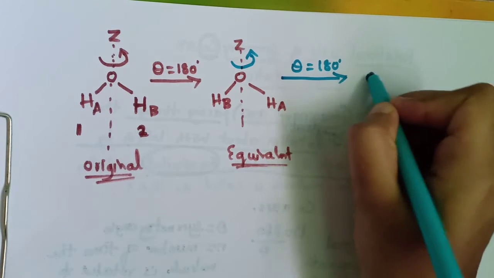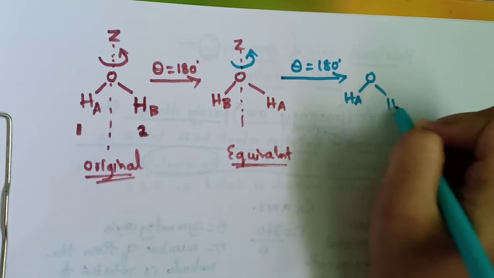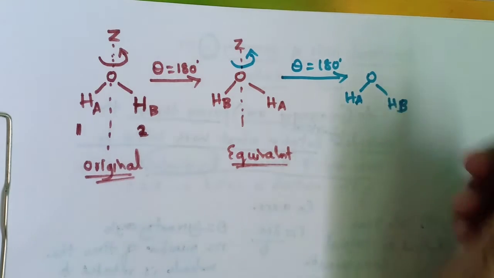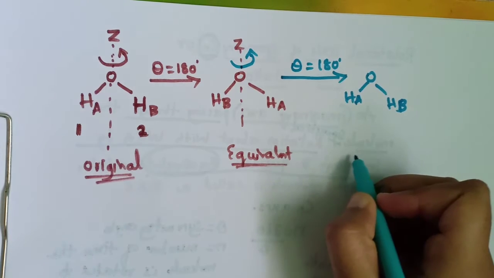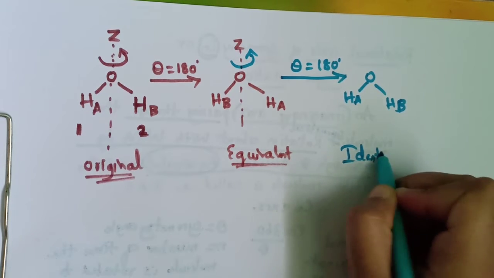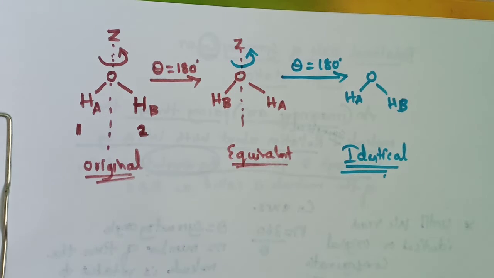So here HA will come and here HB will come. This is equal to the original configuration. So we can name it the identical or original configuration. Here the rotational axis of symmetry is carried out until an identical or original configuration is reached.